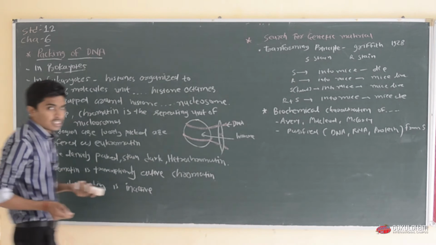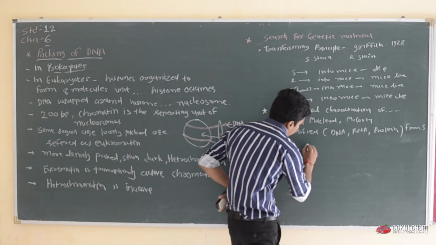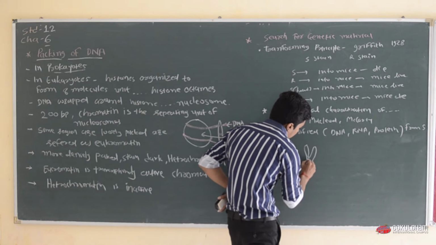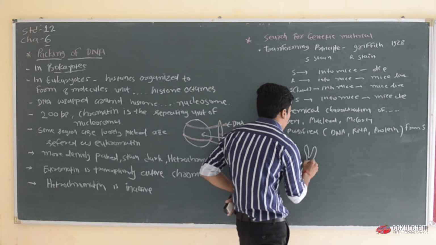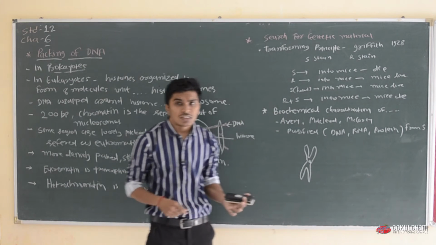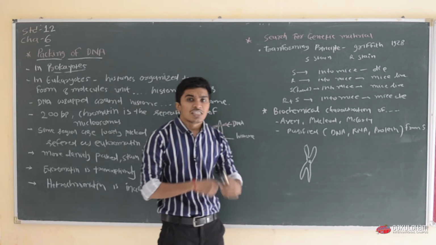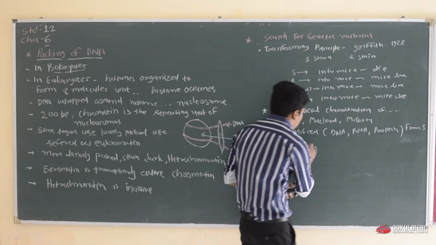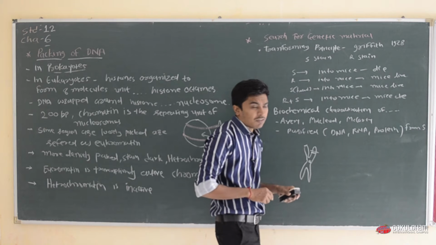So let us discuss. This is the structure of a chromosome, which is found in the nucleus of the cell during the reproductive or division phase. Let us zoom into this chromosome. What will we get?